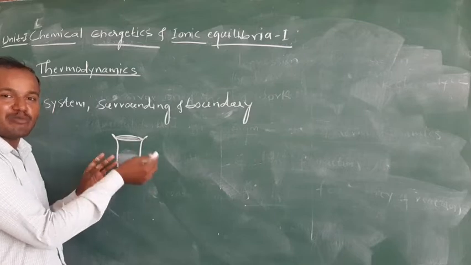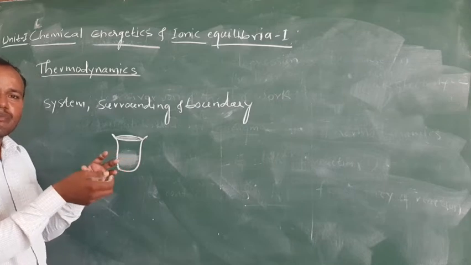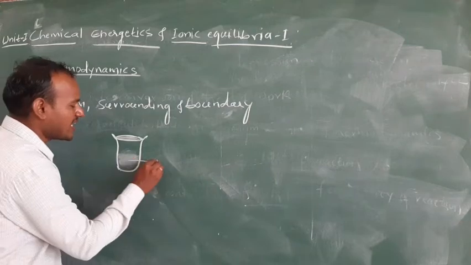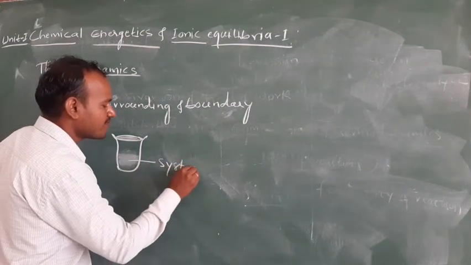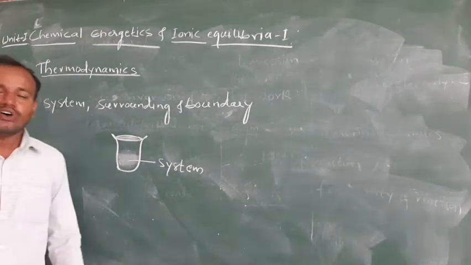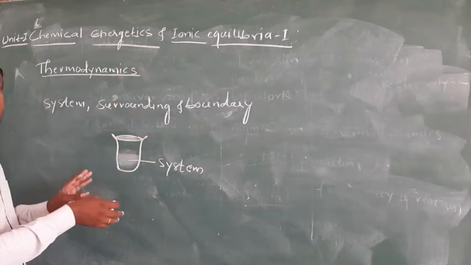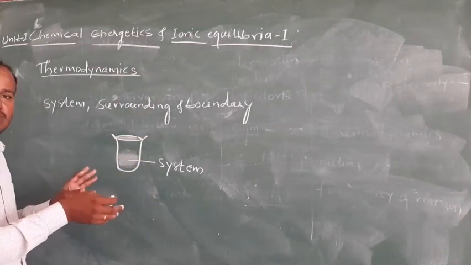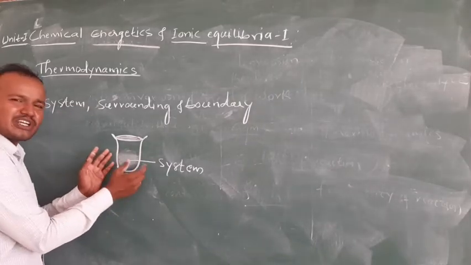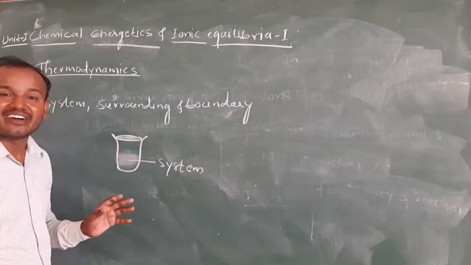I am observing and doing the property measurement only in this particular area, so I will call it a system. A system is a part of the overall universe, not the universe itself. It is a small portion of the universe where observations are made.